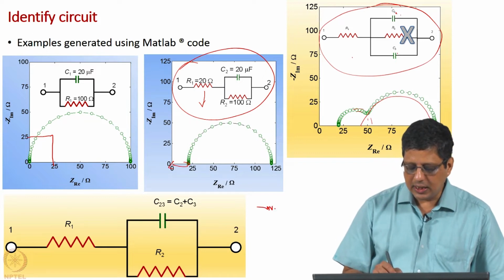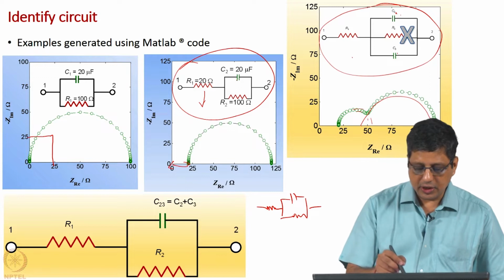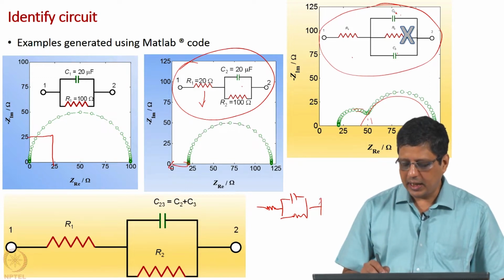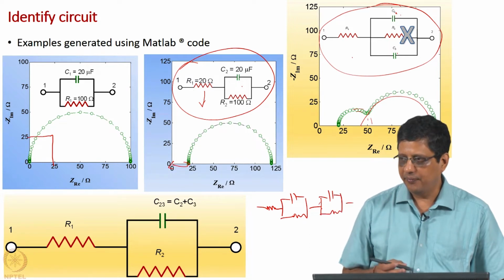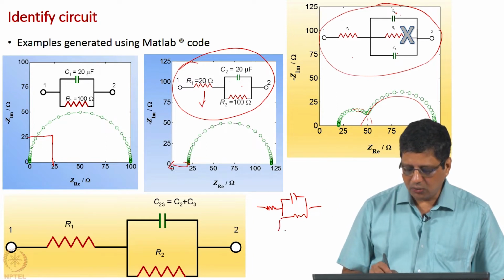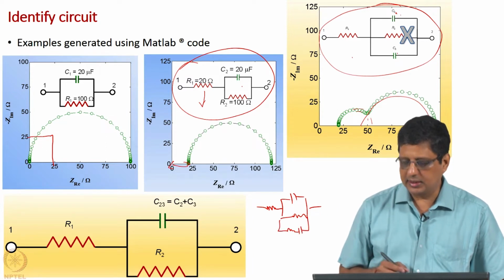So, I originally have this circuit here to represent one semicircle. I can add one more like this, that is a possibility. I can add one more as this, that is also a possibility.